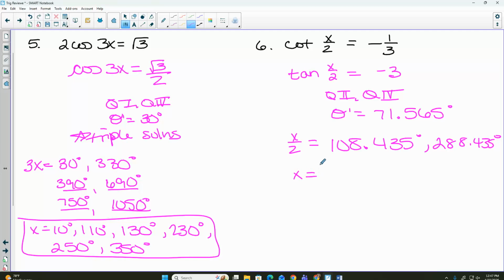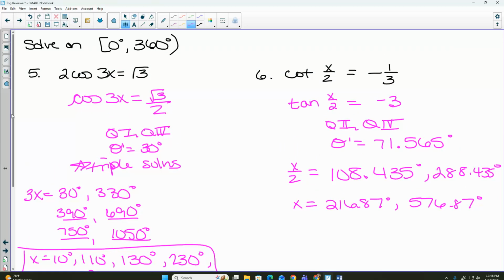Then we multiply all of those by 2 to solve for x. What were my directions on this? I asked for all the answers between 0 and 360. So the only one that's actually between 0 and 360 is the 216.87. The other one is a solution, it's just not in the interval I was looking for.